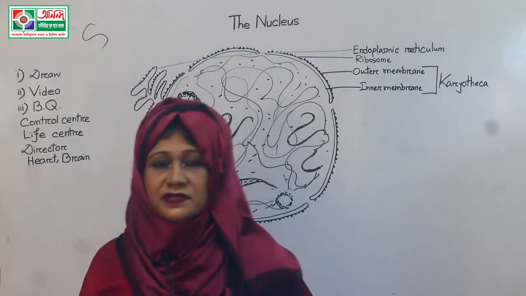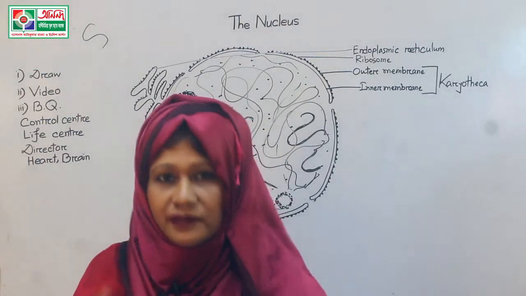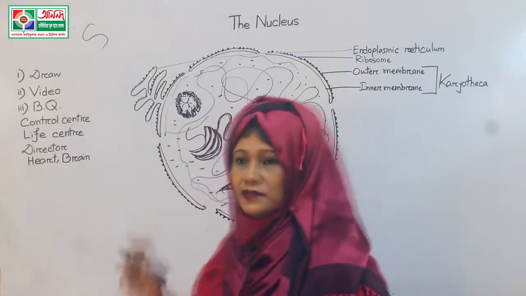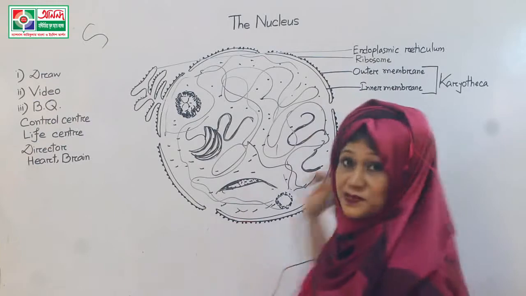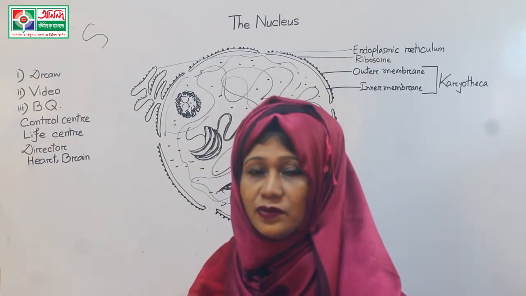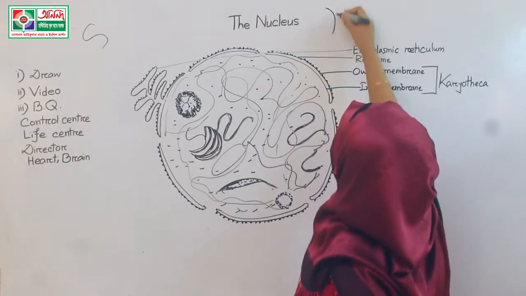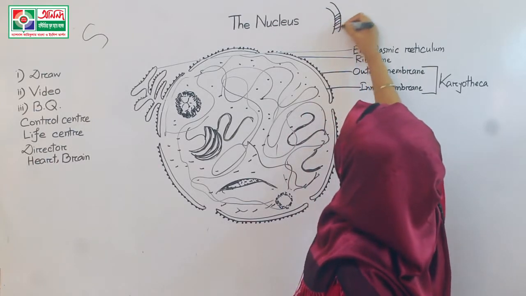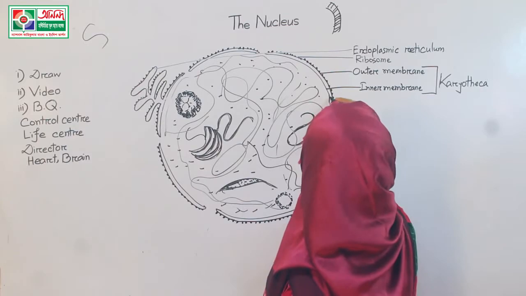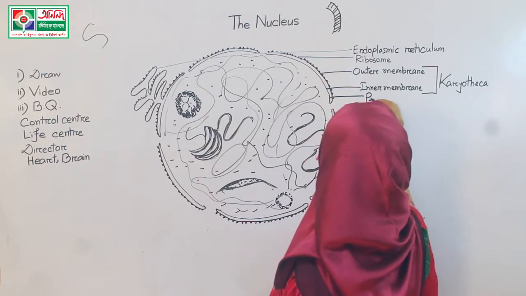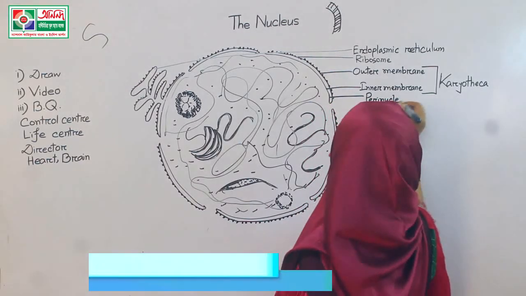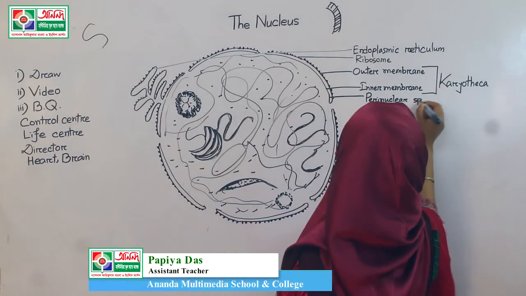These two membranes together are known as the karyotheca, and the space between these two membranes is known as the perinuclear space. This is the inner membrane, the outer membrane, and this portion is the perinuclear space. So we are labeling perinuclear space.